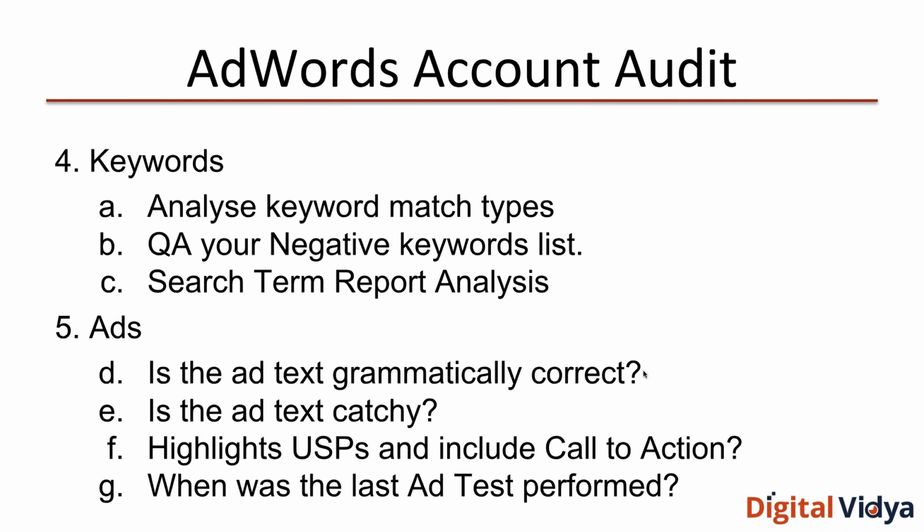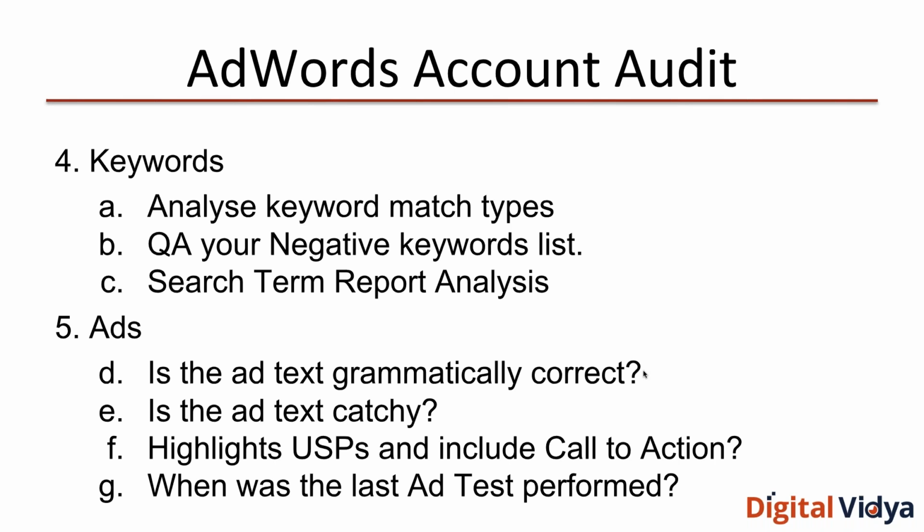Then you can do a QA of the negative keyword list. Sometimes you will find that some campaigns have 0 negative keywords, so you can suggest adding certain negative keywords based on the search term report or things like that. Again, in this account, you will have data under the search term report for analysis because it was a live campaign.